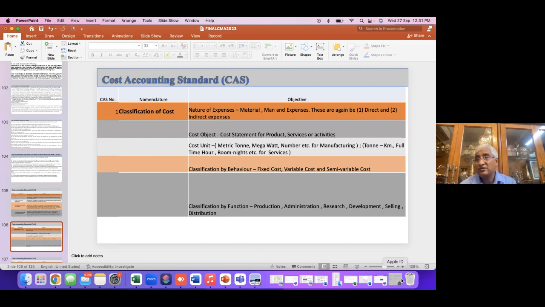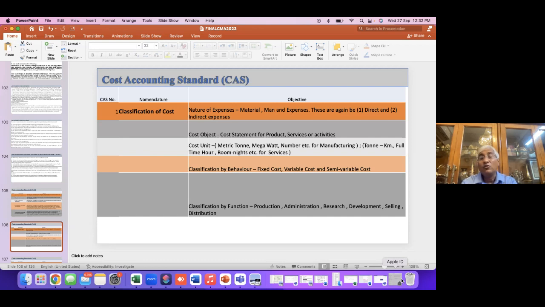Now come to the classification of cost. There are different ways of classifying the cost, by nature of expenses. Expenses could be material, could be man related. Again, this could be direct and this could be indirect. What is indirect? Where the expense is common, it is apportioned or absorbed.